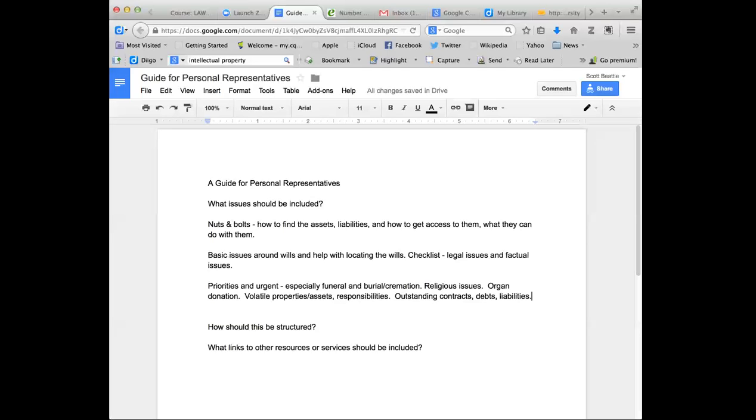But it saves a lot of bother, like the local council issuing final notices on rates and things, to get in early and say, okay, these sorts of things need to be dealt with. And even if those debts aren't paid straight away, the debtors need to be told the person has passed, and we need to resolve those things.